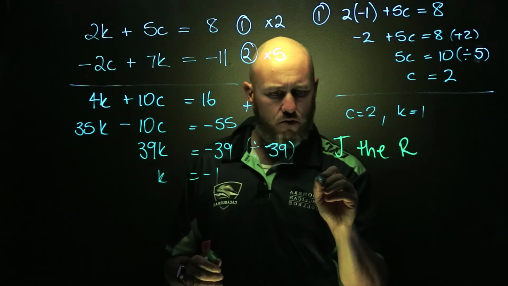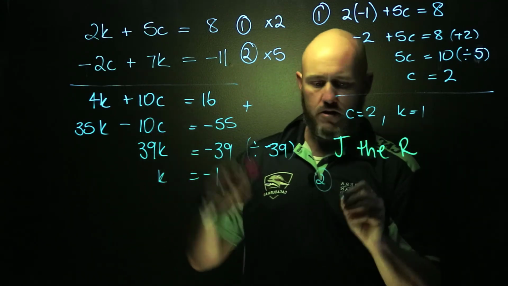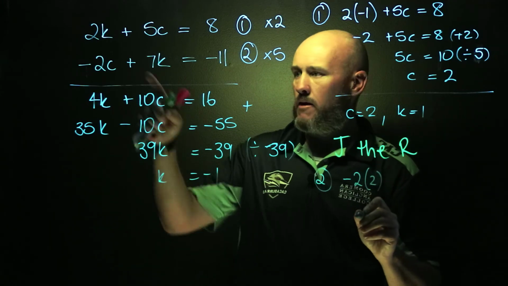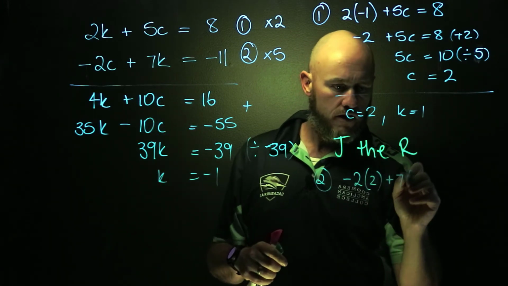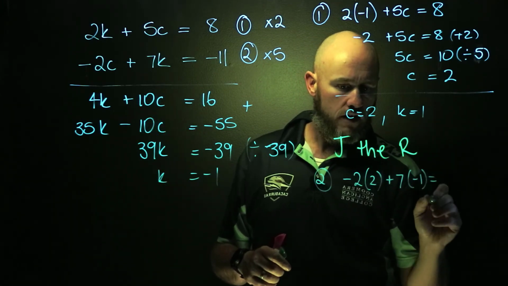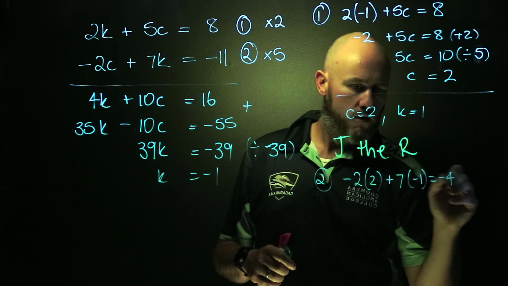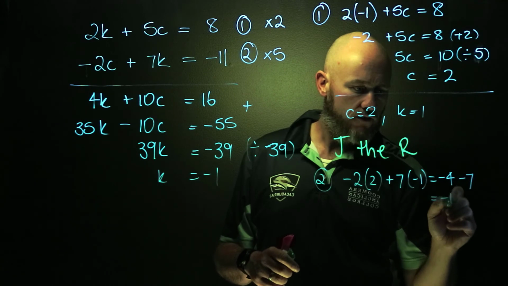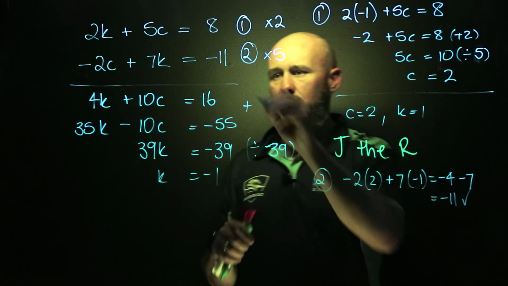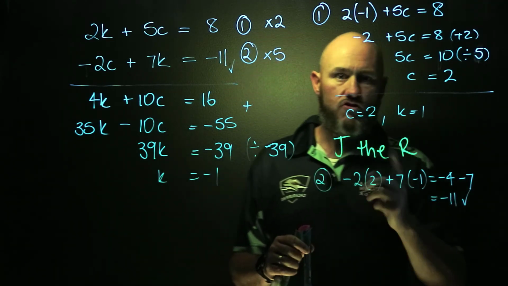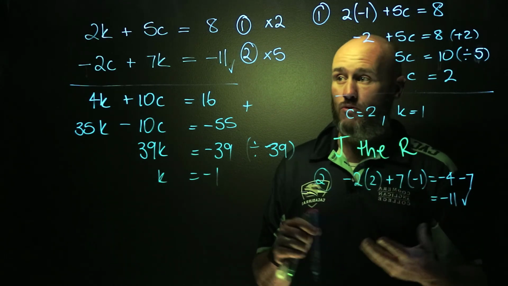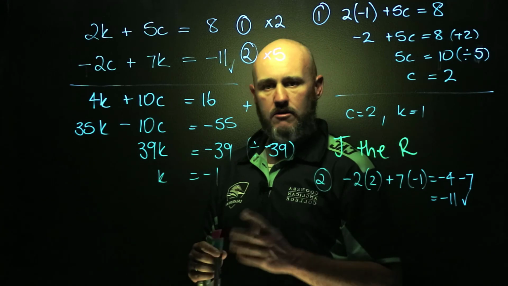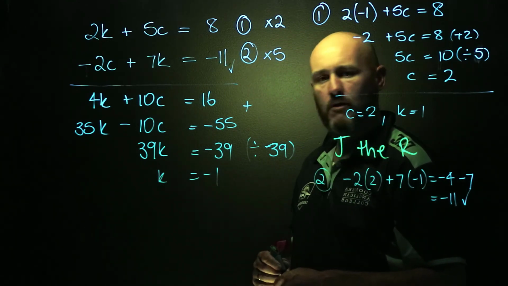So in equation 2, I've got negative 2c, c is 2, plus 7k, k is negative 1, that's equal to negative 4, plus negative 7, which is minus 7, which is equal to negative 11. And that matches my negative 11 here. So I've justified that this solution is reasonable and works in both equations. Anyway, that's simultaneous equations by elimination. All the best.